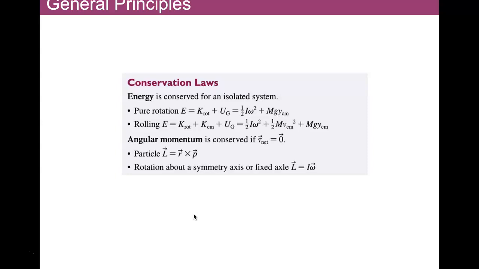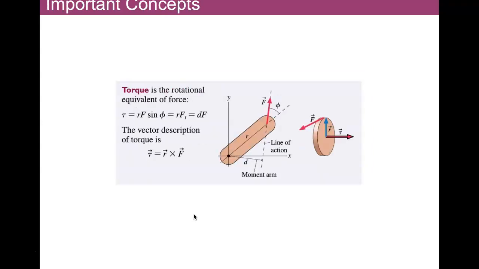And then we had the constraint that V_CM is R omega. We defined the angular momentum. So it turned out that it's equal to I times omega. And if the net torque is 0, then the rate of change of angular momentum is 0. So angular momentum is conserved.